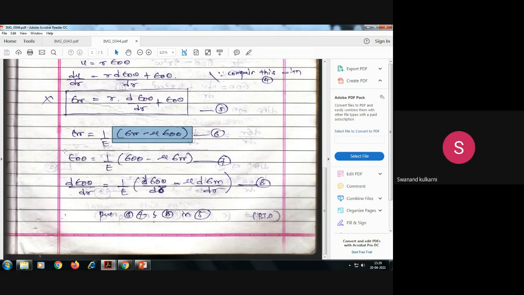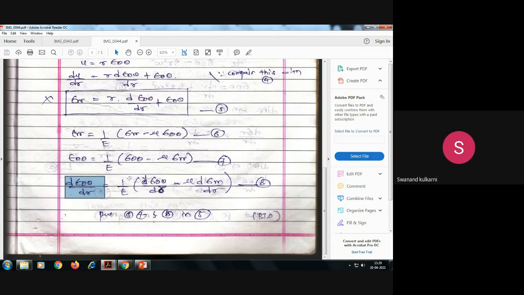Now here, and this epsilon theta theta, you can see the same thing is repeated here: 1 upon E into sigma theta theta minus mu into sigma rr. By considering biaxial conditions, we have considered equations 6 and 7. Now let us differentiate this epsilon theta theta with respect to r here.